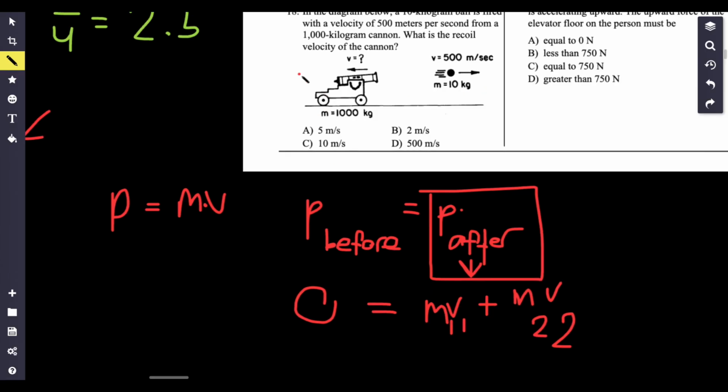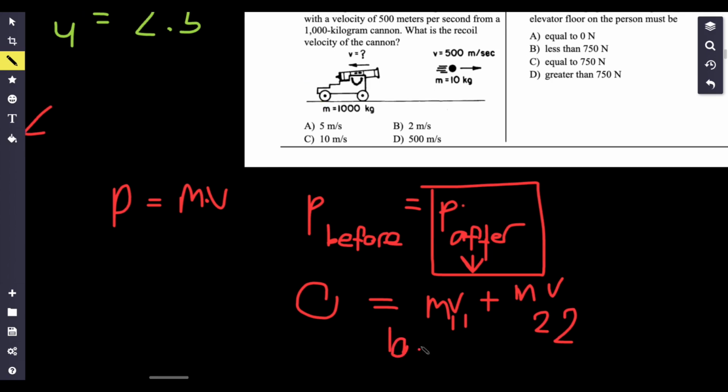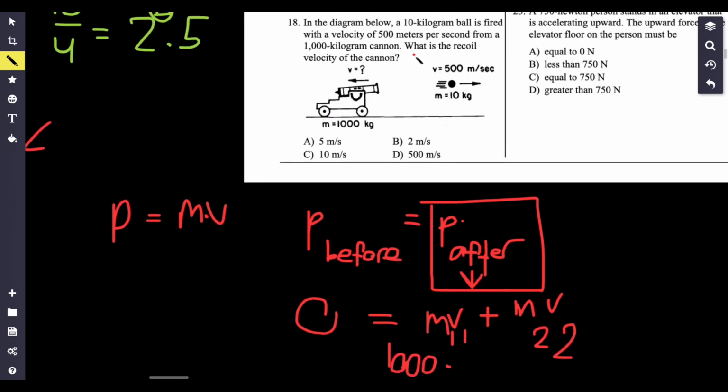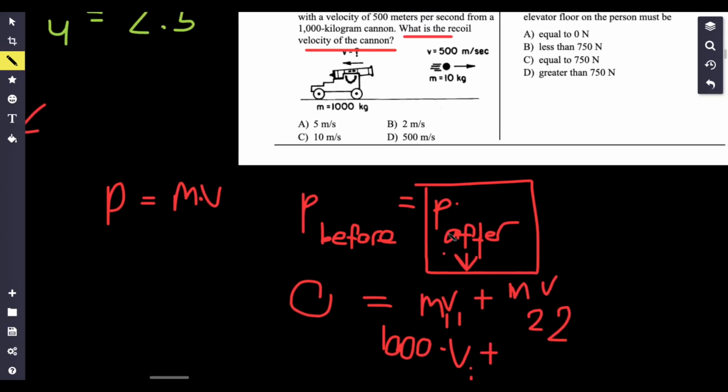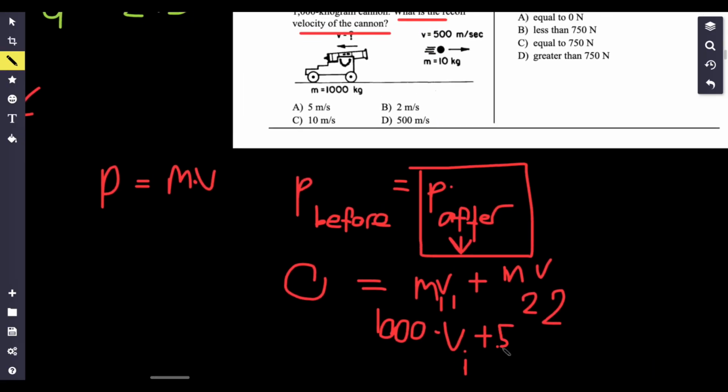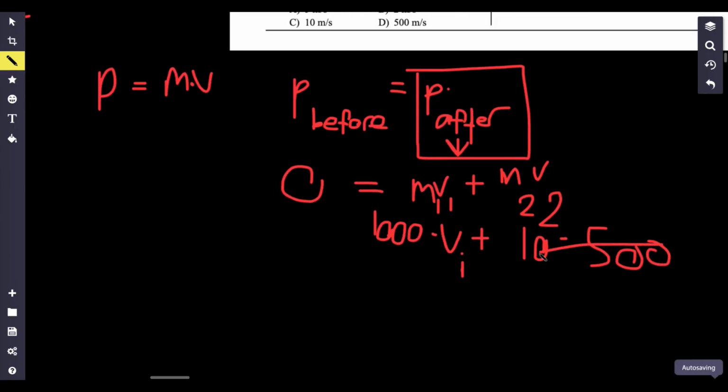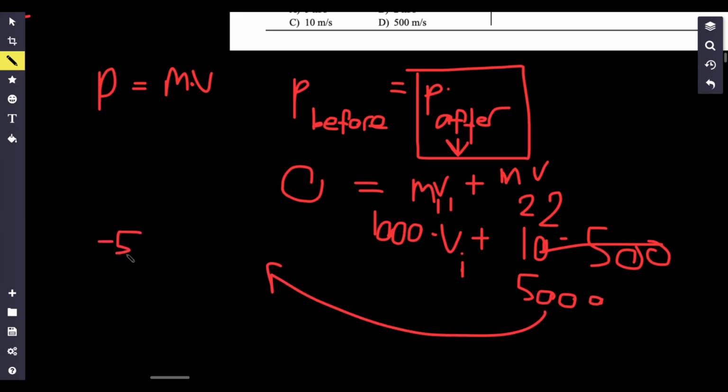Now, our cannon has a mass of 1,000 kilograms, and we're trying to find its velocity, right? So we can just set that to our unknown. The mass of our cannonball, whatever that is, has a mass of 10 and a velocity of 500. 10 times 500 is 5,000. I push this to the other side, so I get negative 5,000 is equal to 1,000 times my unknown velocity.